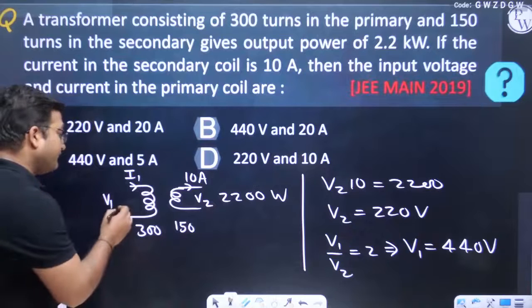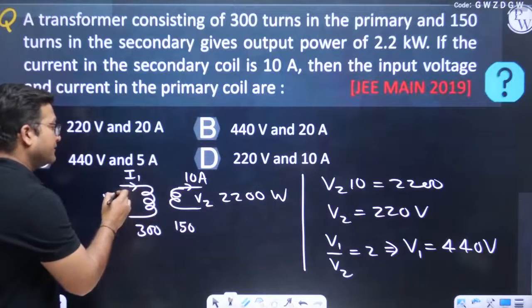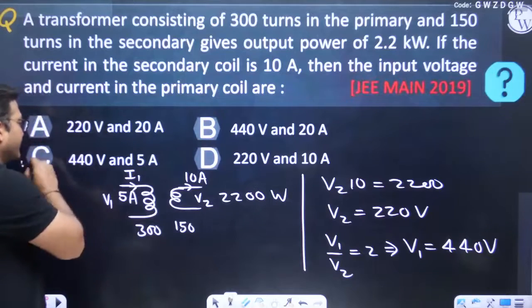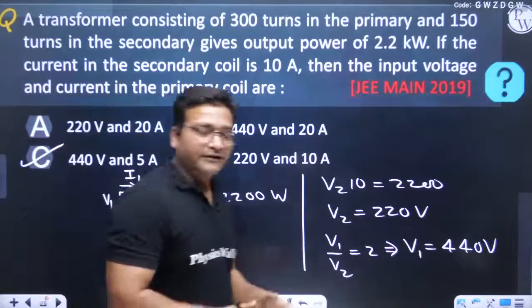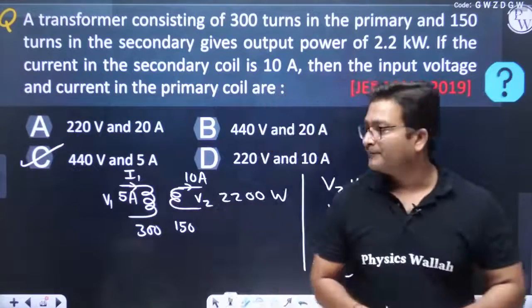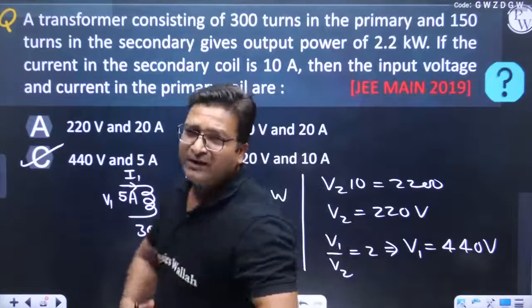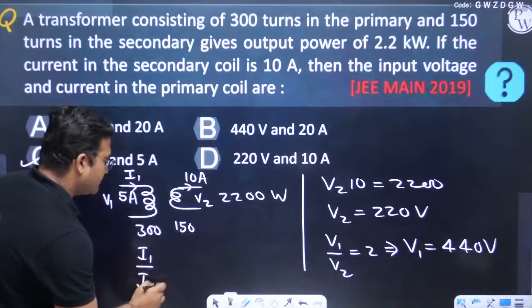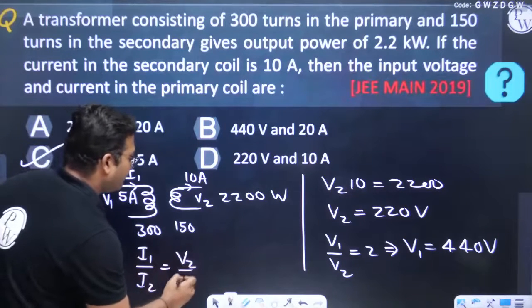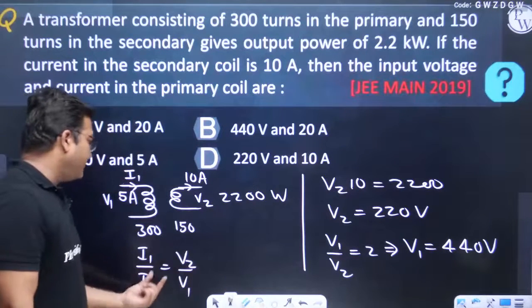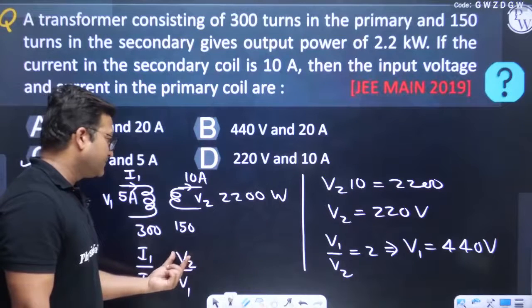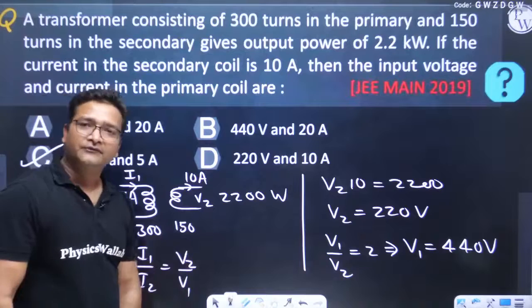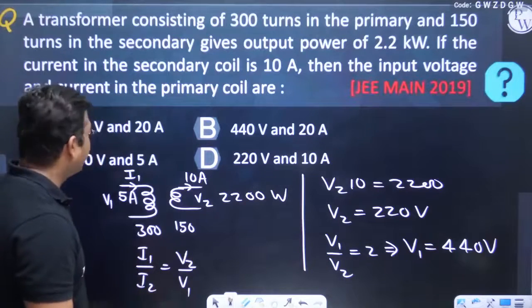So at this side we must have half of the current, that is 5 ampere. So the correct answer is C, 440 volt and 5 ampere. You can also apply I1 by I2 as V2 by V1. As I2 is 10 ampere, V2 is 220, V1 is 440, from here also you can get I1 as 5 ampere. That was a very simple question.